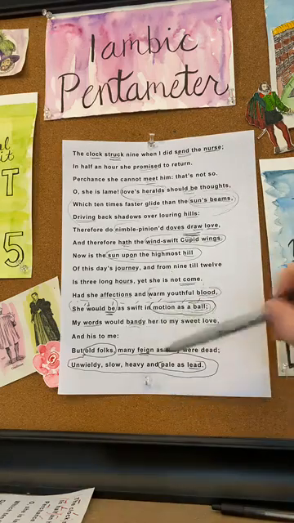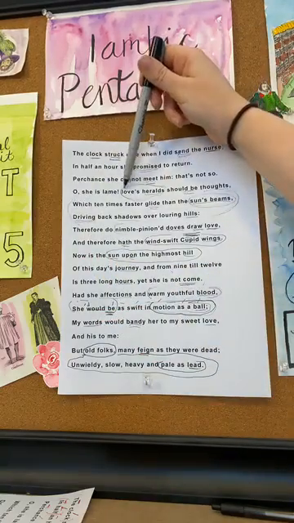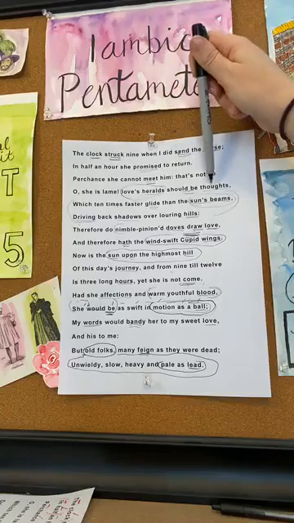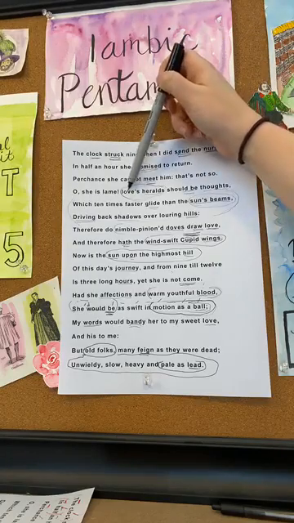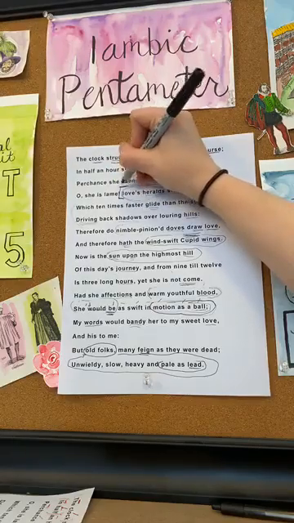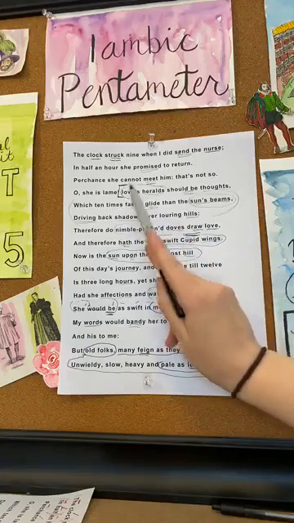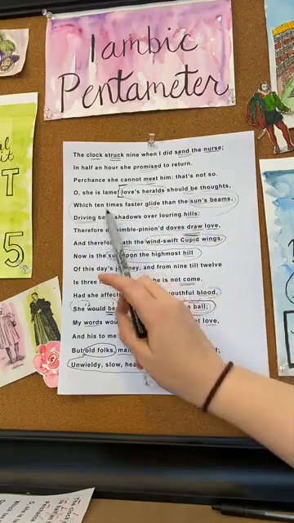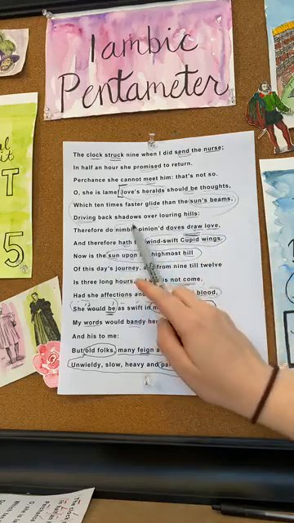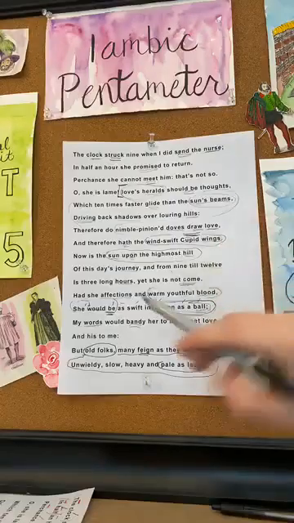So for example, let's go here. Here, the sentence starts in the middle of this line, love's heralds should be thoughts, but really the whole thought would continue all the way down. So let's just read it. Love's heralds should be thoughts, which 10 times faster glide than the sun's beams, driving back shadows over lowering hills. You could stop the thought there, but I would keep going.